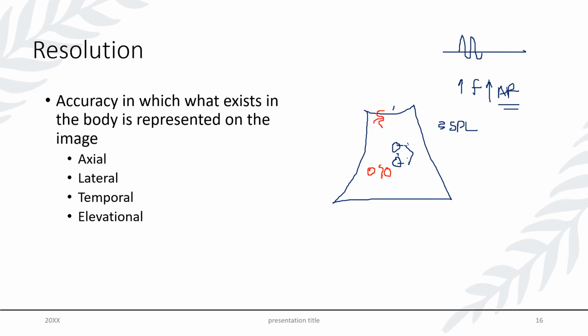If I have a very broad sound wave and it is unable to squeeze in between those two objects, it will react with the objects as a whole and represent them as one single entity. That's our lateral resolution, our demonstration of objects side to side accurately on our image.